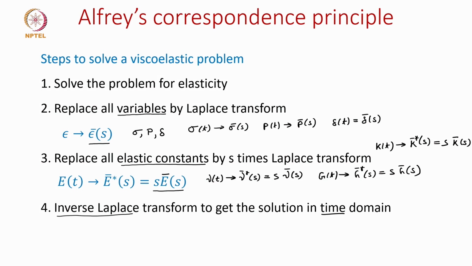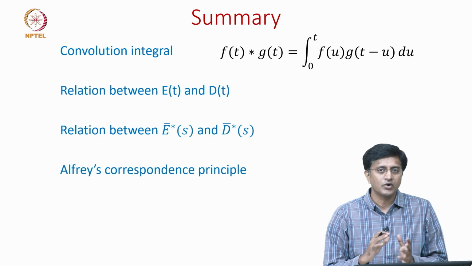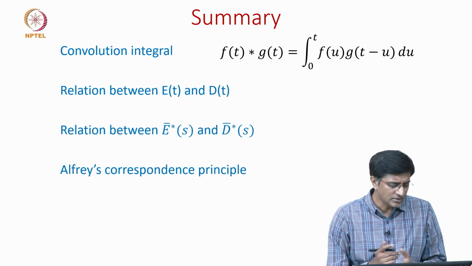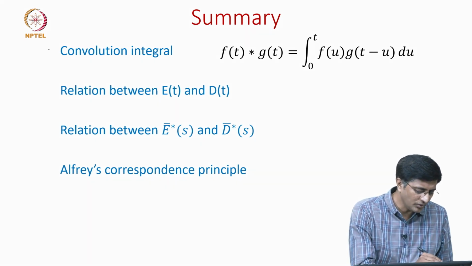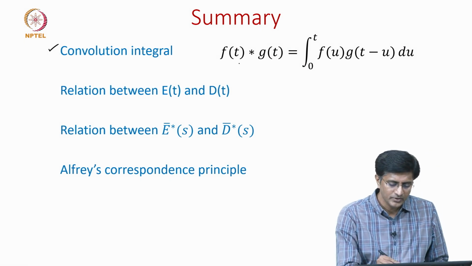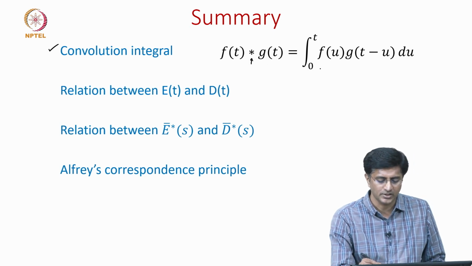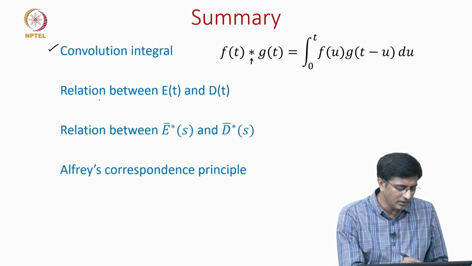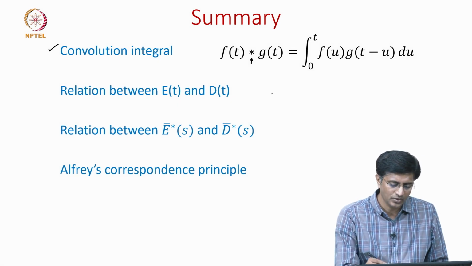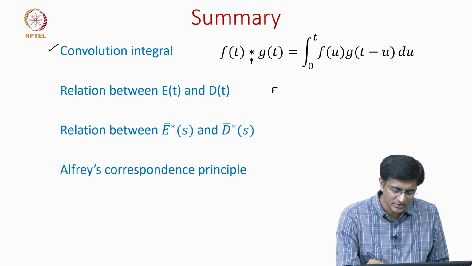So, let us summarize what we have discussed in this video. We started by defining the convolution integral, where we said this symbol is used for convolution, and f convolved with g is given by this integral. Later we showed the relation between E of t and D of t in the time domain. We said the relaxation modulus cannot be written as the reciprocal of the creep compliance D of t.